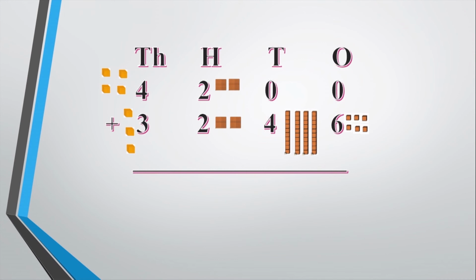So we have our 4,200, we have our counters for it, we have our 3,246. So as you can see, the zeros don't have any counters by them, and that's because 0 is a non-value, right? It's the absence of something. So even though the zeros are there and they have their place value and whatnot, we have 0 ones, which is still 0. So you have nothing on top, and we're going to add 6 onto it.